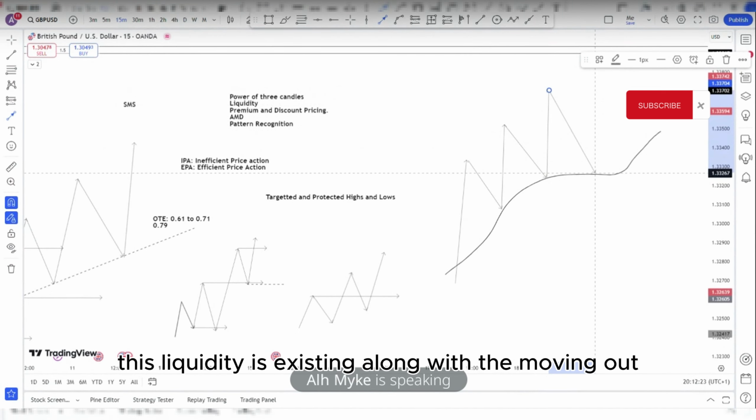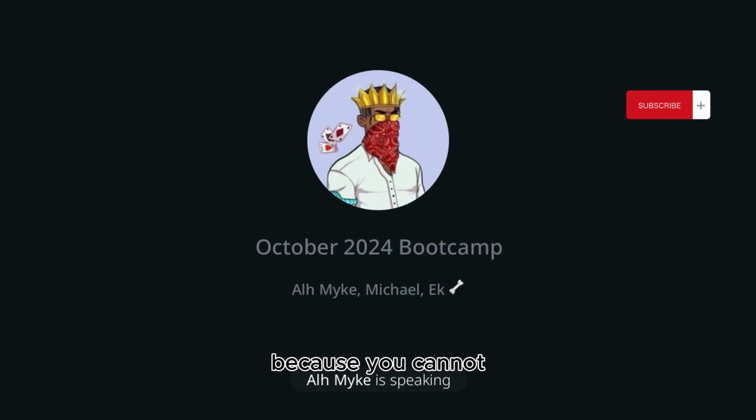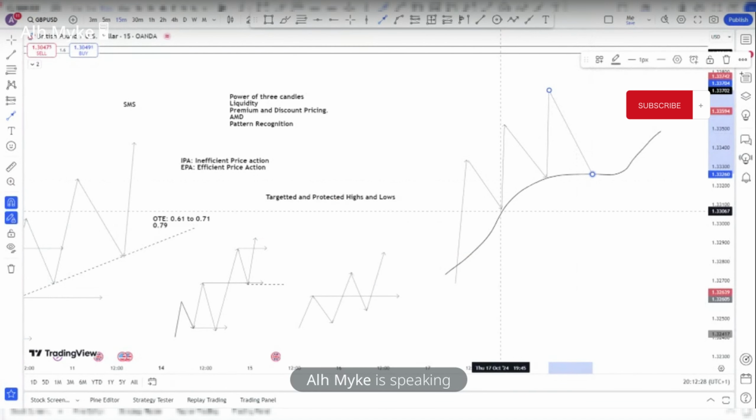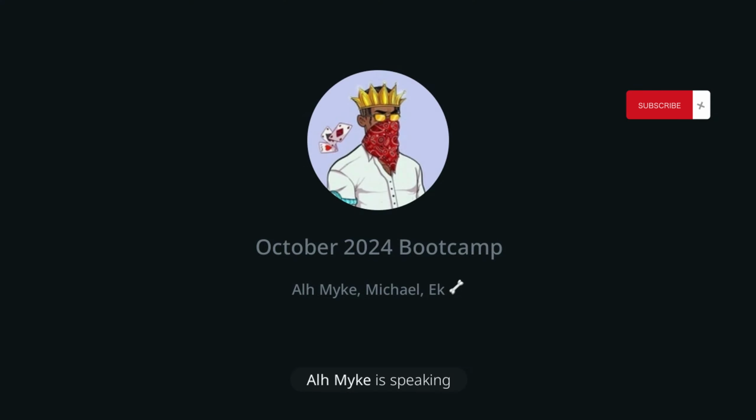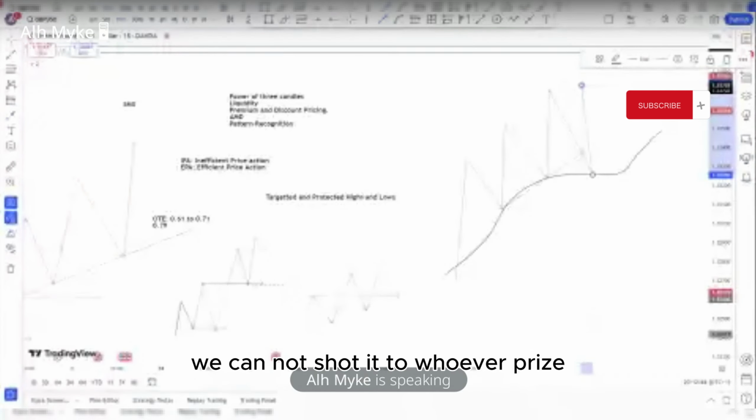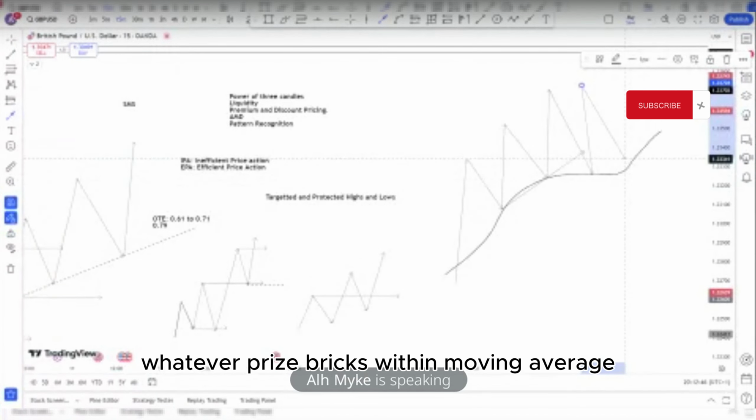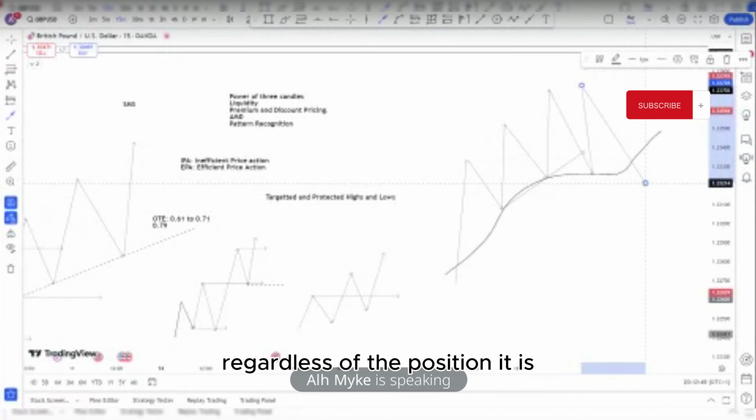Now, this liquidity exists along the moving average because you cannot categorically say there's liquidity along the trend line, because technically it has swept it. Which means if you get an opportunity to short, you can short it whenever price breaks below the moving average, regardless of its position.